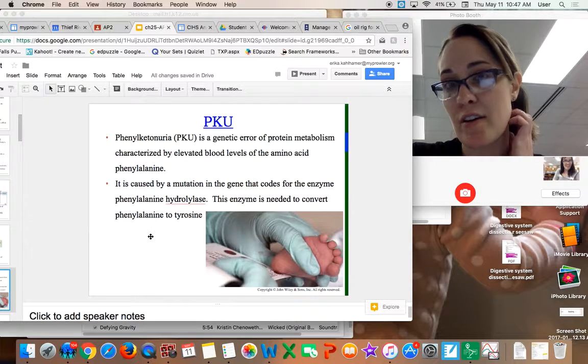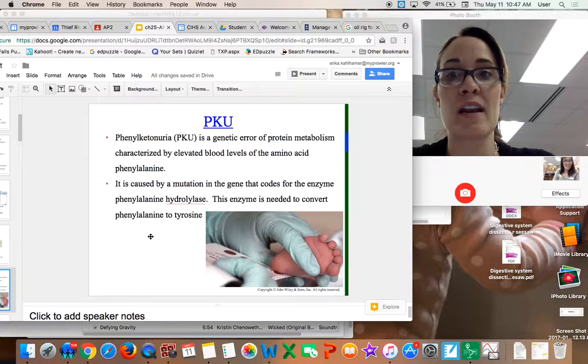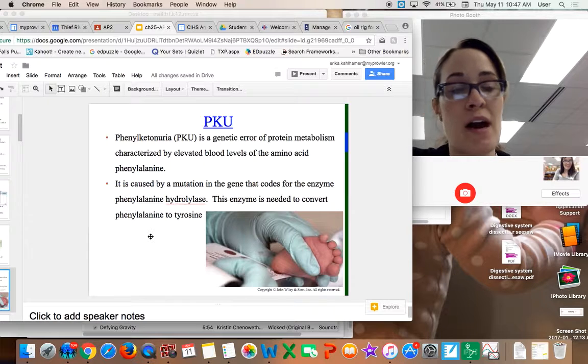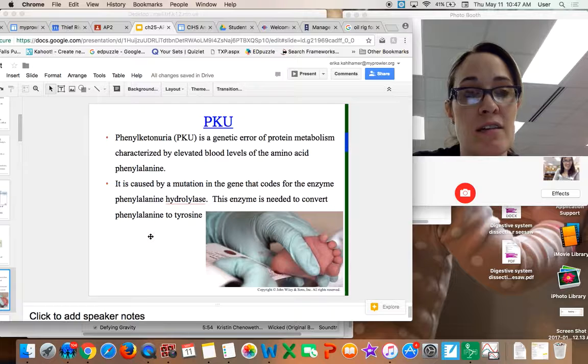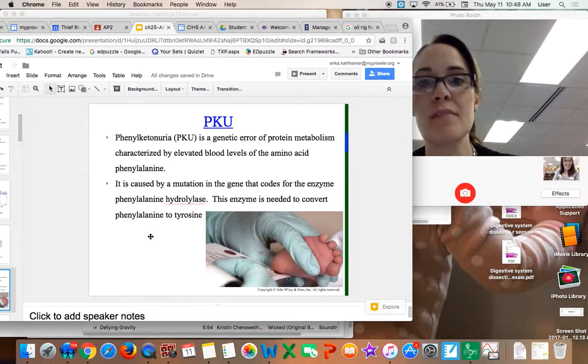This isn't in your original notes, but it's important to talk about. It's in your clinical connection in your book. PKU, or phenylketonuria, is a rare genetic disorder in which your body doesn't break down a protein, phenylalanine, correctly. It builds up in the blood, and it can cause seizures, mental retardation, things like that.